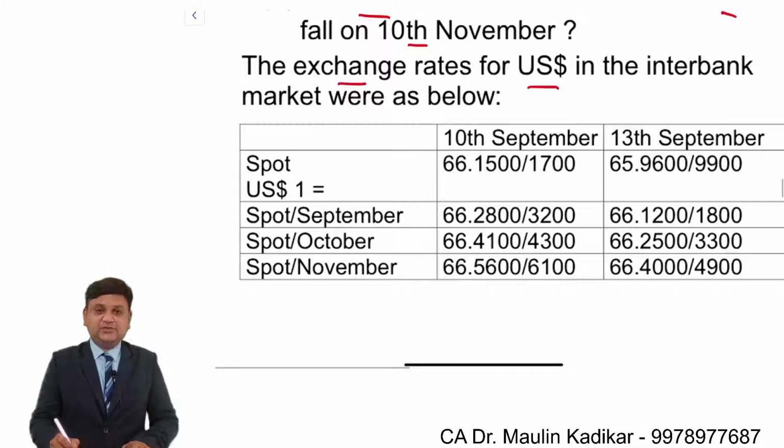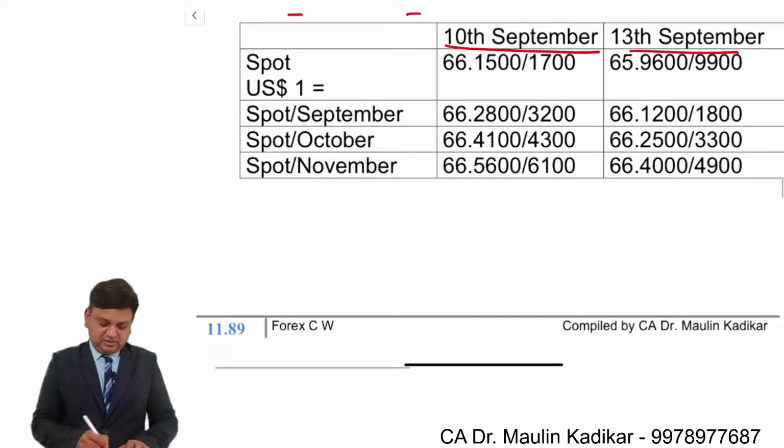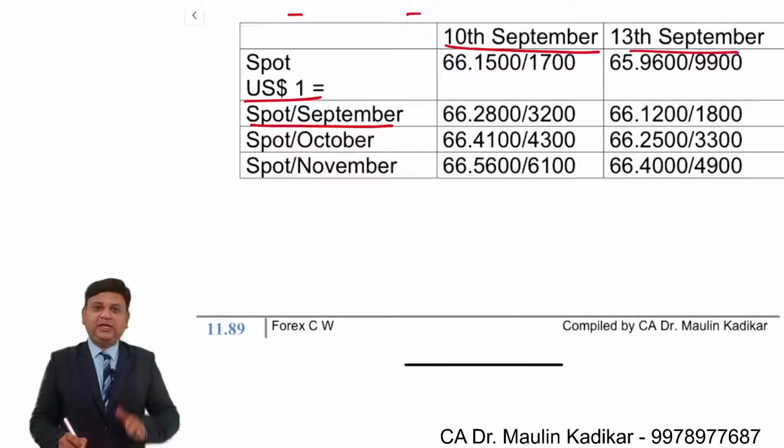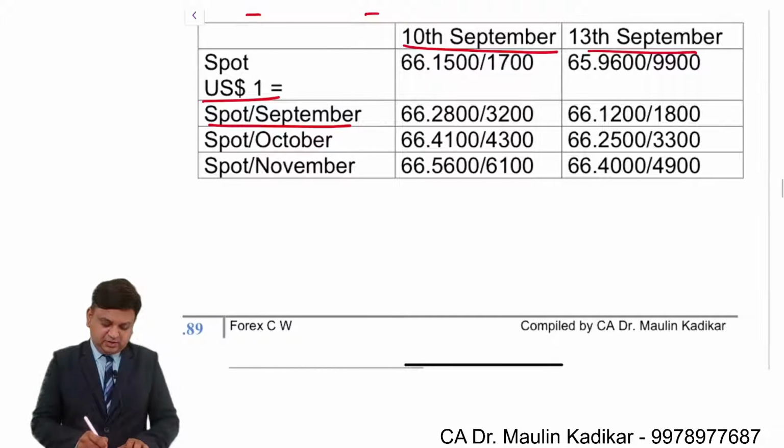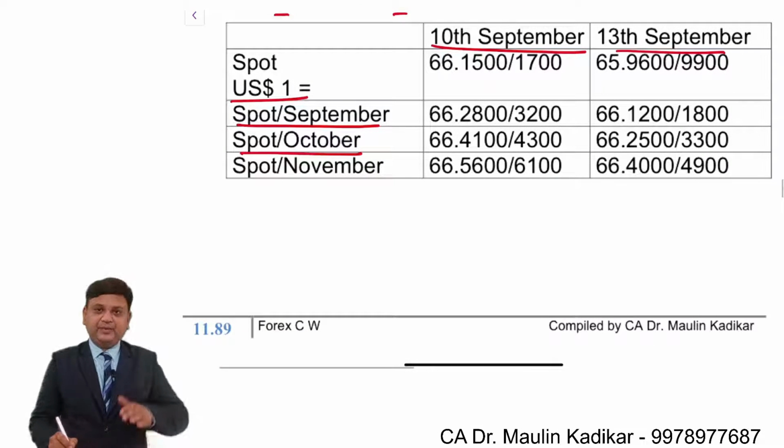The exchange rates for the United States dollar in the interbank market were as follows on 10th of September and on 13th of September. Spot is given. Spot September means that within September, if you want to do a forward contract, this is the rate applicable.